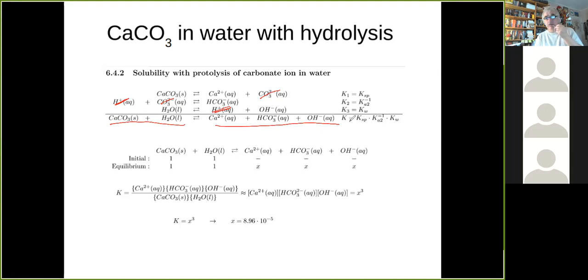and the equilibrium constant would be the product of the individual equilibrium constants, Ksp times Ka2 inverse times Kw. This is in principle possible as long as you don't construct a reaction that is hardly feasible.